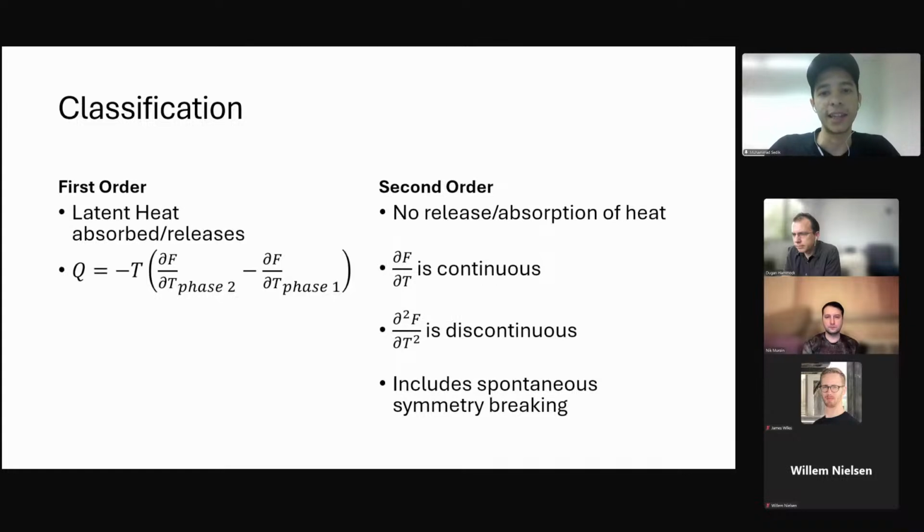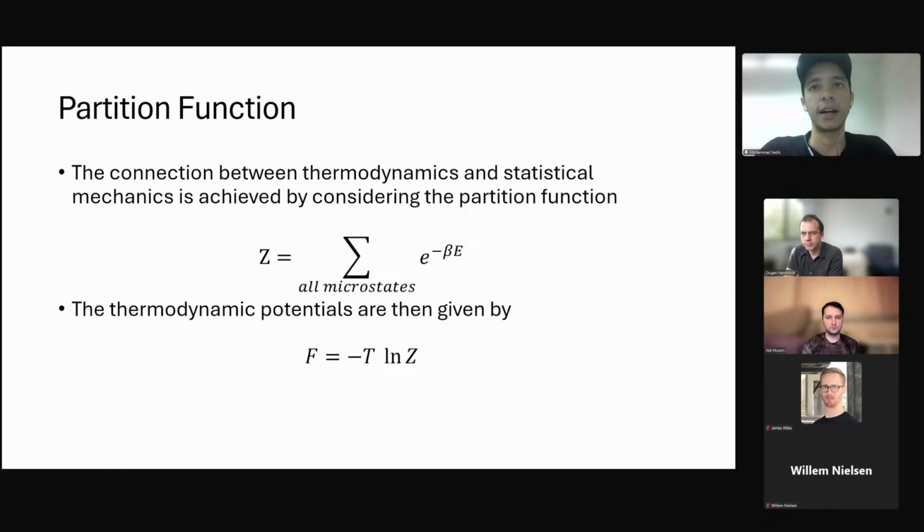So the question becomes, can we study phase transitions from statistical mechanics rather than from thermodynamics? The difference is that thermodynamics is worried about the macroscopic picture of the system, but statistical mechanics is worried about the microscopic picture. For example, if I have a system of hard spheres or gas molecules, thermodynamics wouldn't care where those molecules are or what their velocities are.